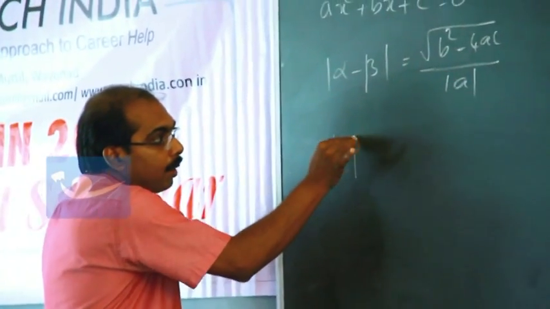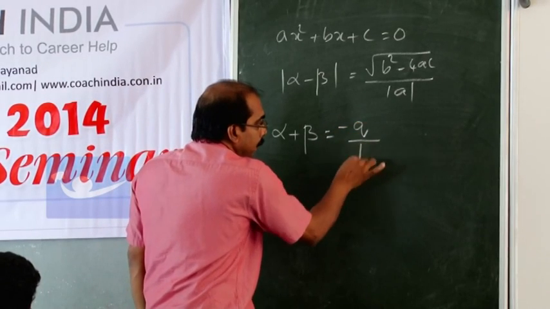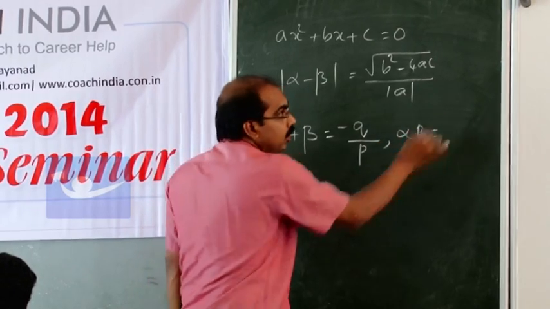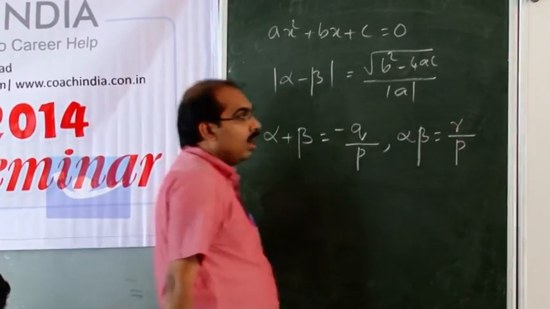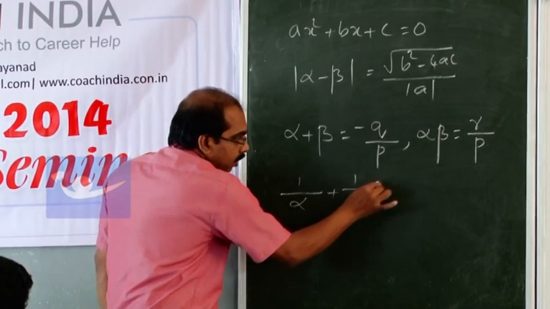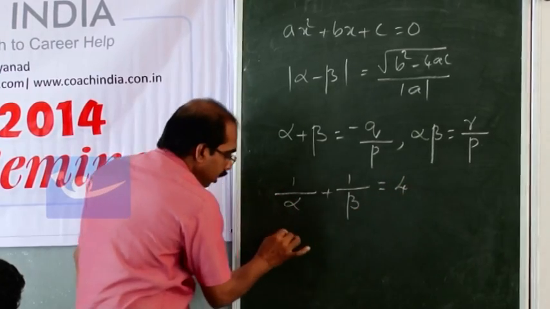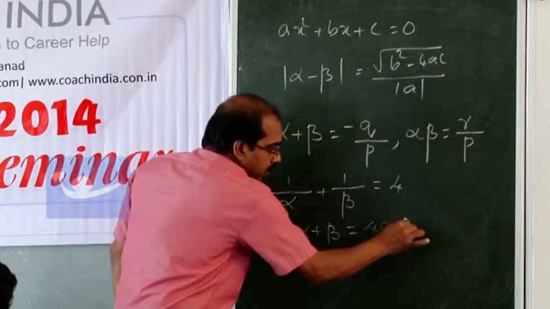Mod alpha minus beta is root of b square minus 4ac divided by mod a, right? Now, alpha and beta are the roots of the equation, so we can have alpha plus beta equal to minus q by p, and alpha into beta equal to r by p. Also given that 1 by alpha plus 1 by beta equal to 4 implies alpha plus beta equal to 4 alpha beta.